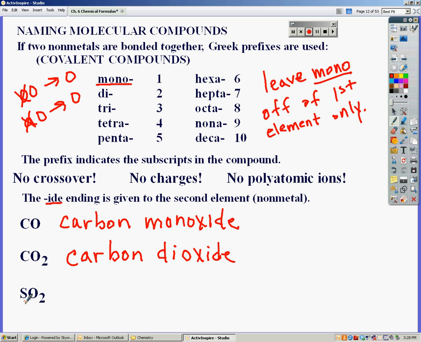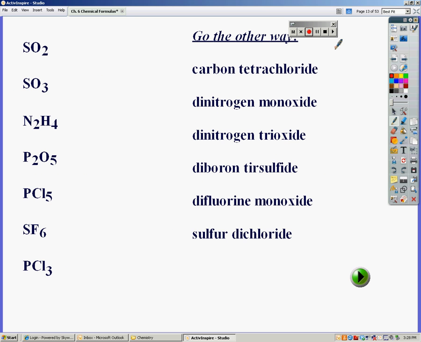So this is sulfur, but then oxygen turns to oxide. So sulfur dioxide.